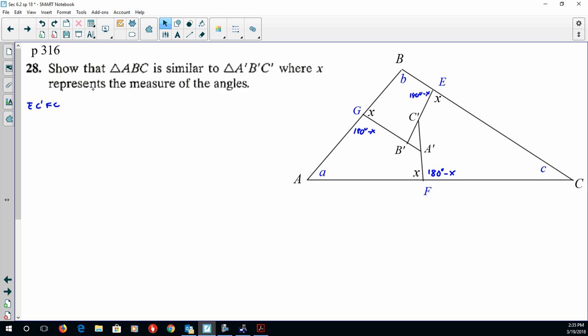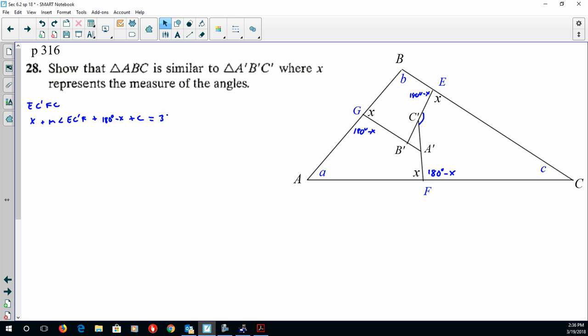If you add up, let's let little c be the measure of this angle here, so it's the measure of the angle at C. If you add up all those angles, let's start at E. Angle at E is X. The next angle we come to is this guy here, so we'll take the angle E, C prime, F, plus the next angle we come to down here is 180 minus X. And then we have angle C. And when I add up all those angles, I should get 360 degrees.